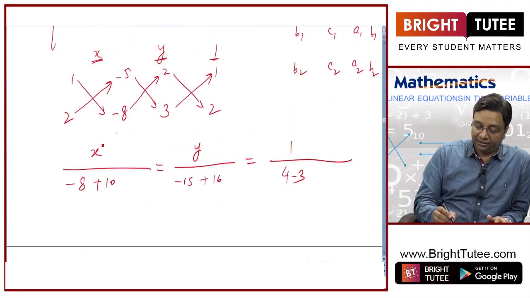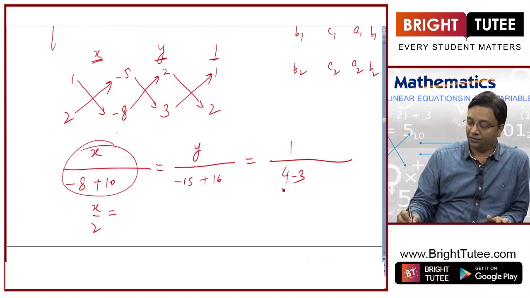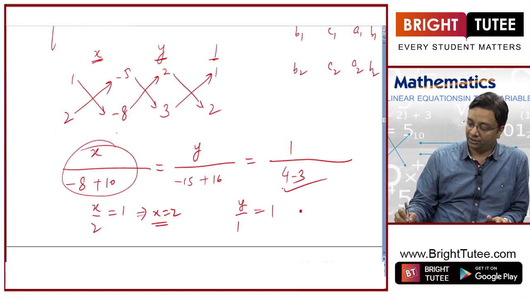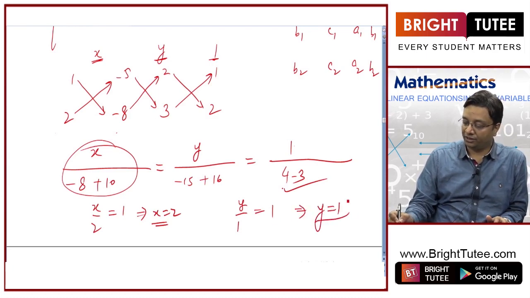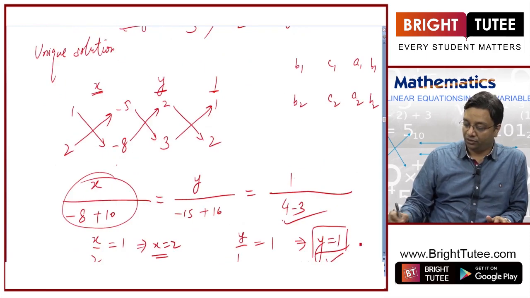So x divided by 2, right, is equal to, this is 1 by 1, that is 1, right? So x is 2 and y divided by 1 is also equal to 1, hence y is equal to 1. So x is equal to 2 and y equal to 1.